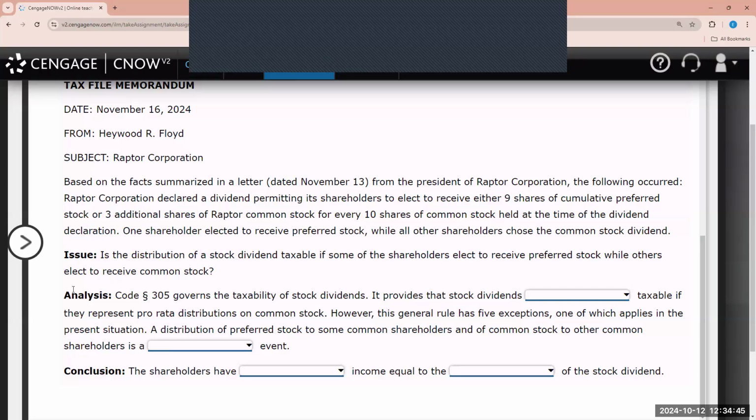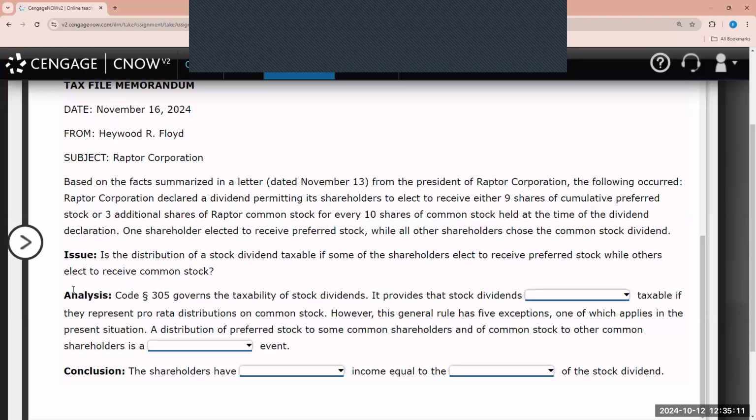Raptor Corporation declared a dividend permitting its shareholders to elect to receive either 9 shares of cumulative preferred stock or 3 additional shares of Raptor common stock for every 10 shares of common stock held at the time of the dividend declaration. One shareholder elected to receive preferred stock, while all other shareholders chose the common stock.